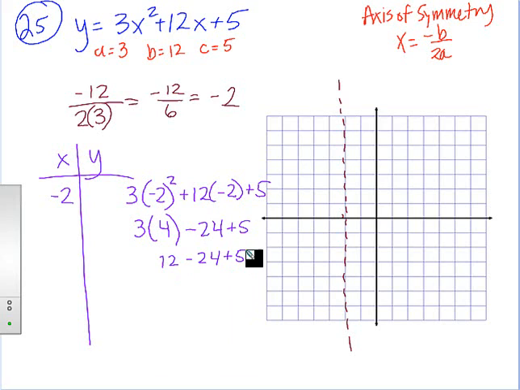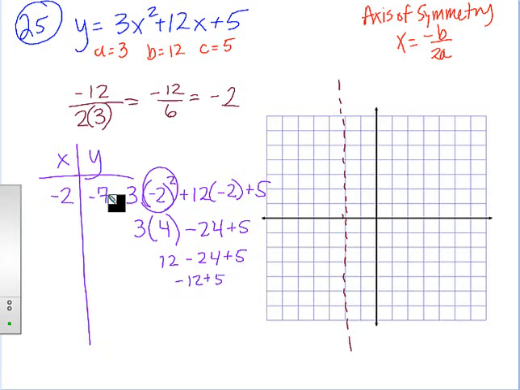So what's 12 minus 24? This would be positive 12 because we first had to square that negative 2, which made it positive. Yep. So then 12 minus 24? Negative 12, and then negative 12 plus 5 is negative 7.